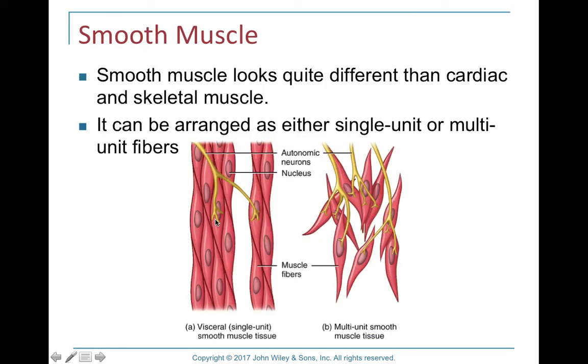Now smooth muscle. Smooth muscle looks quite different from our cardiac and our skeletal muscle. It'll either be arranged as a single unit or a multi-unit fiber. In a single unit fiber, it contracts as one, similar to our cardiac muscle, whereas in a multi-unit, it will consist of individual fibers that contract independently.